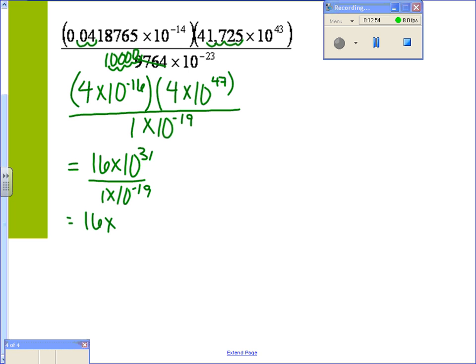Which is 16 times 10 to the 50th. You can either make it 1.6 times 10 to the 51, or you can make it 20 times 10 to the 50, and then make it 2 times 10 to the 50. 1.6 rounds to 2.